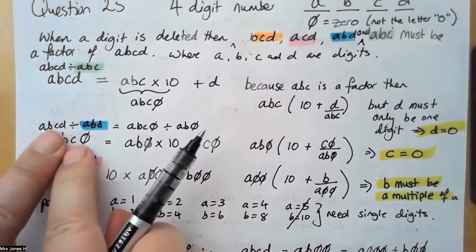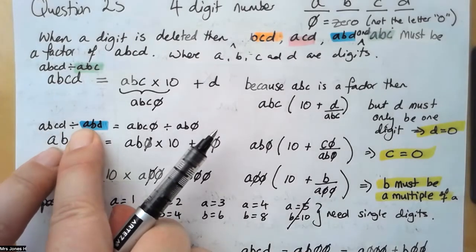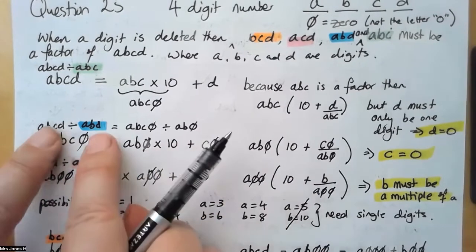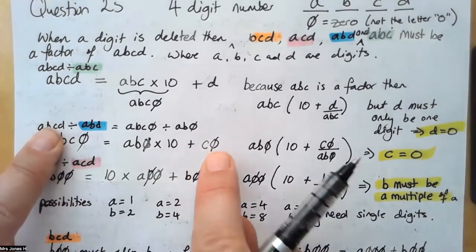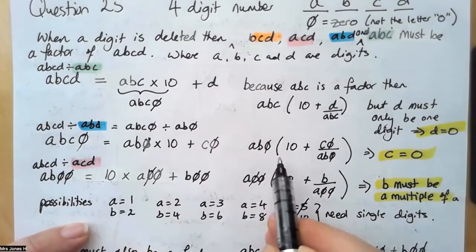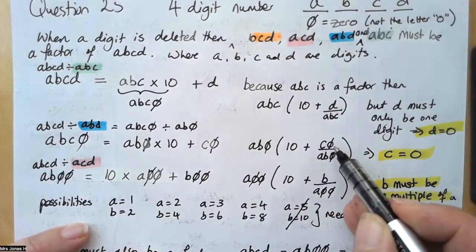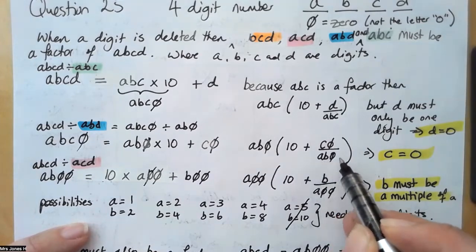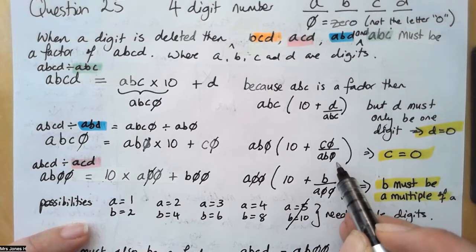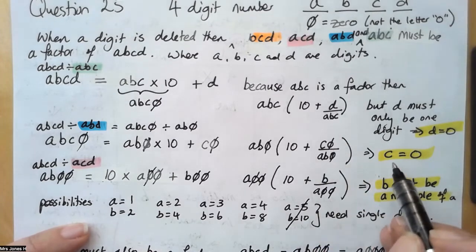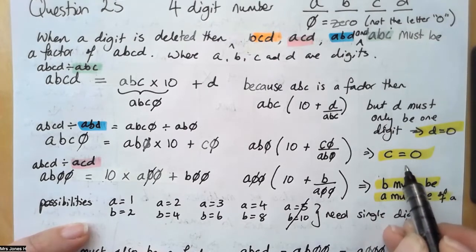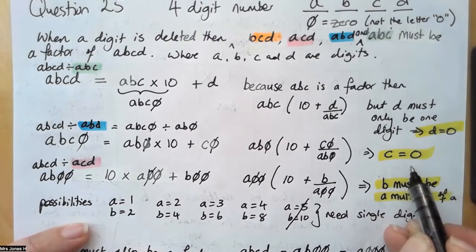Then we're adding C0. So we've got this AB00, and then we're adding this bit, which is C0. Again, we need to take out a factor of AB0. And again, we've got C0 and AB0, which are numbers and not A multiplied by B multiplied by 0. And in the same way as the logic here, this C is going to be 0 as well.